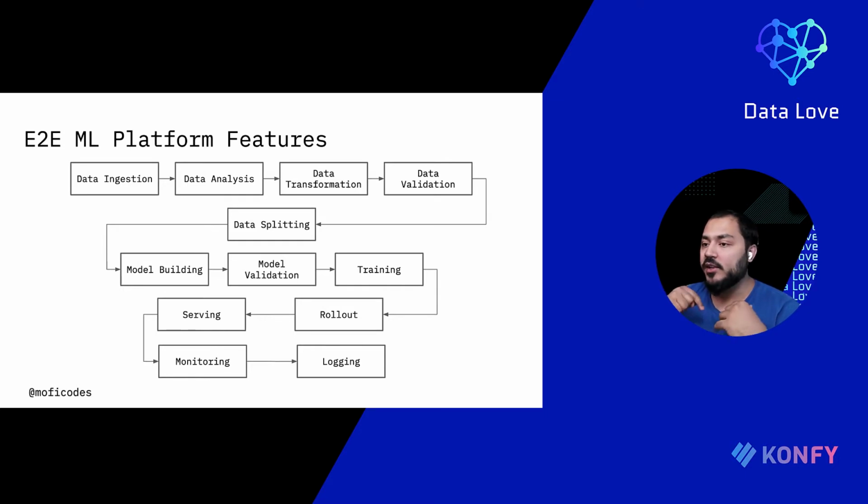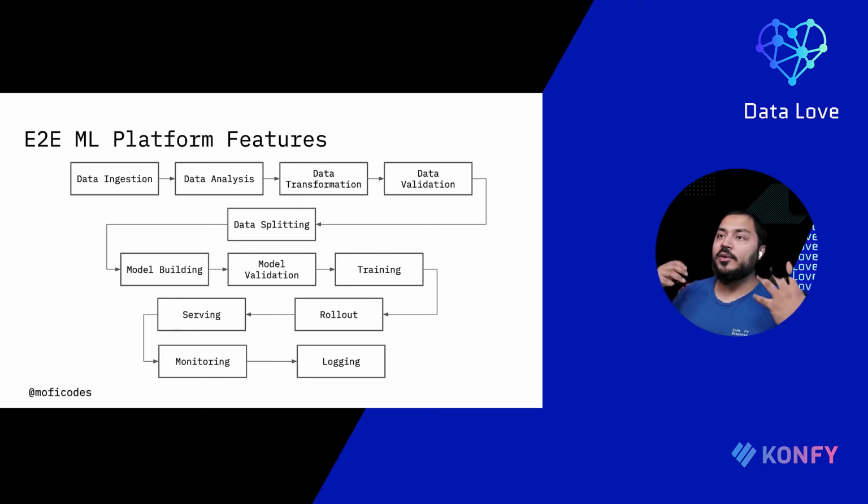We're not just stopping at, oh yeah, I have built a model, great, now our problems are solved. We have built a model, we're serving it, and we're getting information from the serving that the data makes sense, the performance makes sense, and we're continuously improving that model.